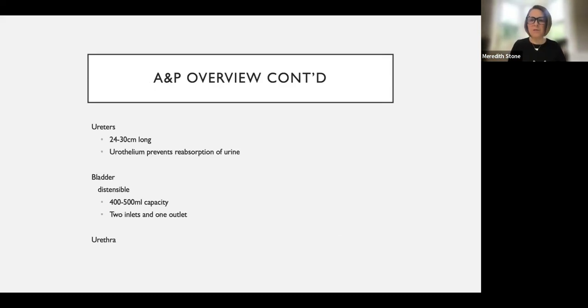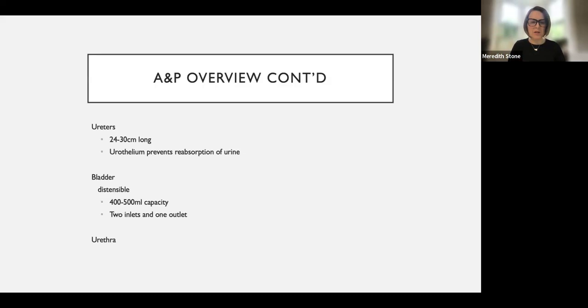They create a filtrate that forms urine, and that is what you lose in a day. But if we lost all of our water, that would be a problem, right? So we need to make sure that the water is reabsorbed and kept in our body, and the urine that is produced, we want that to be excreted, and we don't want that to be reabsorbed, right? And the lining in the ureters is what prevents that from happening.